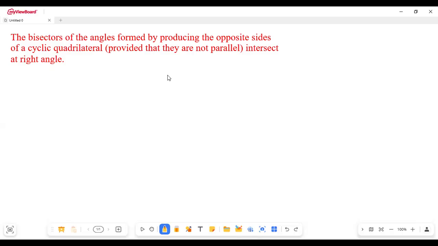To better understand this question, we first have to draw the diagram so that we can easily understand what the question asks.